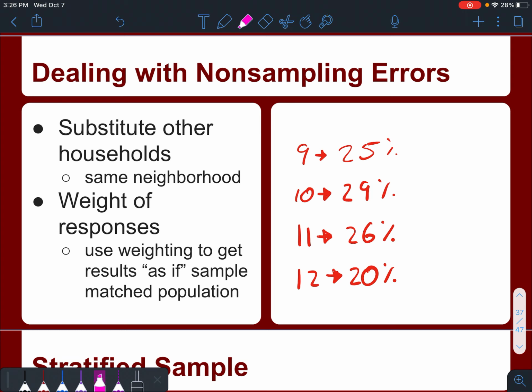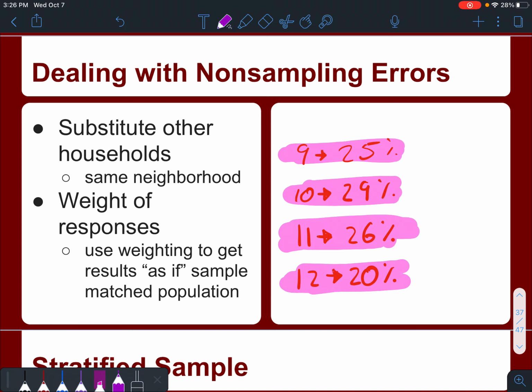So for instance, let's just say that Buffalo High School is 25% ninth graders, 29% 10th graders, 11th has 26%, and 12th has 20%. I just made those numbers up, so that's probably not true. But what we could do is get the responses from the ninth graders, and then we have some factor that makes them worth 25% of the weight, even though it's not 25% of the people that were surveyed or sampled.